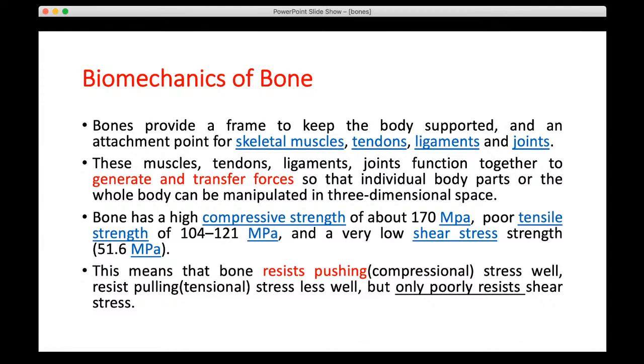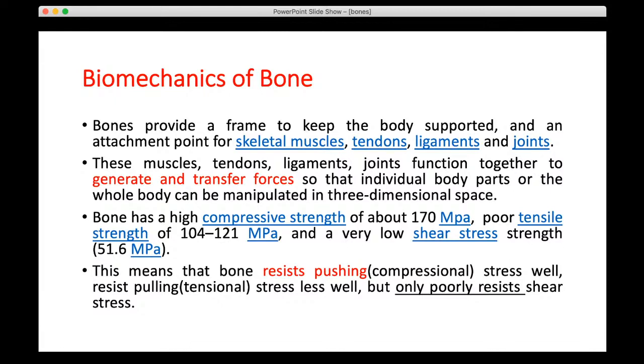And the bone is weakest in shear stress. Bone cannot withstand shear stresses well because it has poor strength with regard to shear stress. It is just 51.6 megapascals.